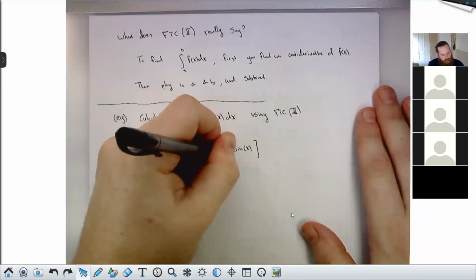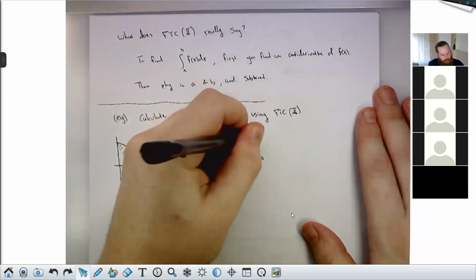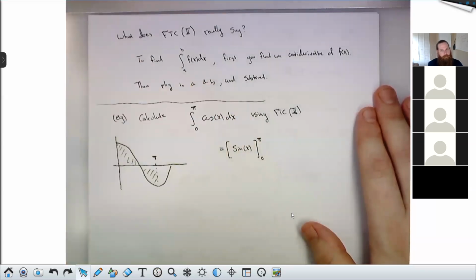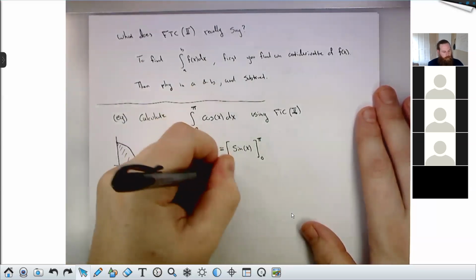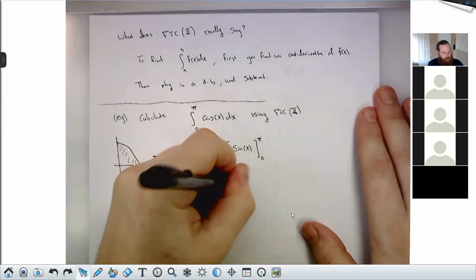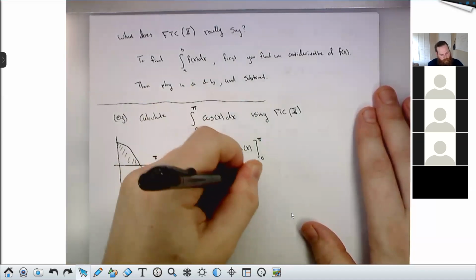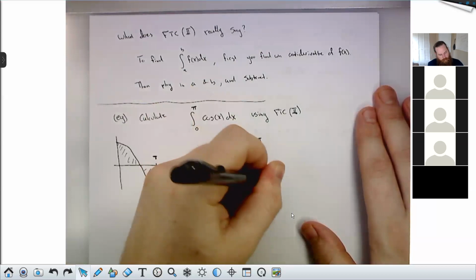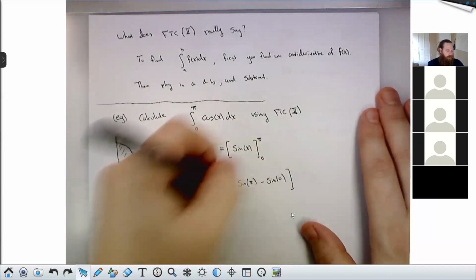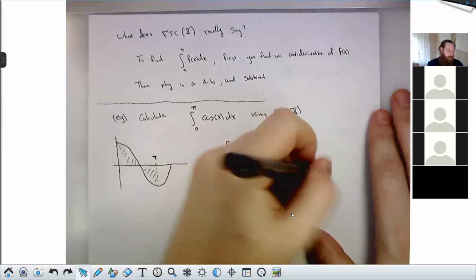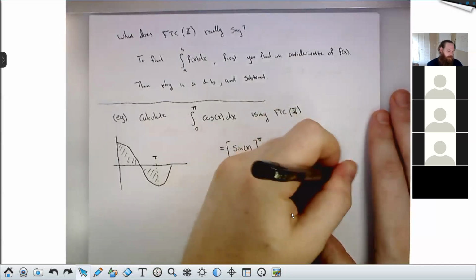So I would write this as sine x evaluated from 0 to pi. So that's the antiderivative step done. And now I need to evaluate. Well, that's going to be the sine of pi minus the sine of 0. Sine of pi is 0, and sine of 0 is 0, so this is indeed 0.